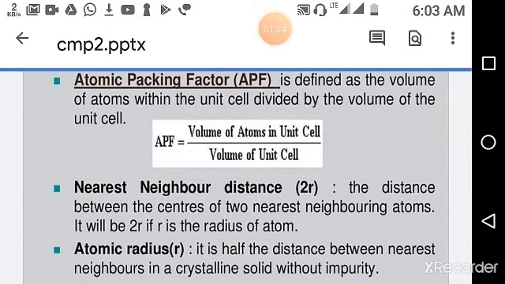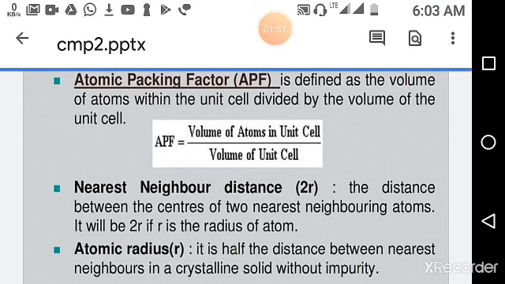Next term is atomic radius. Atomic radius is defined as half the distance between the nearest neighboring atoms. It is expressed in terms of cube edge a. Another term, nearest neighbor distance, is 2r.